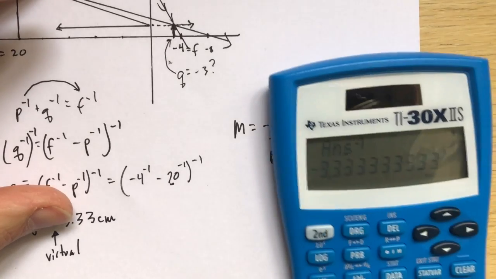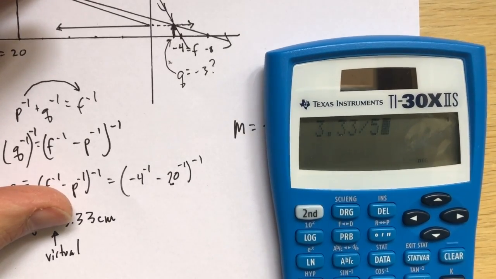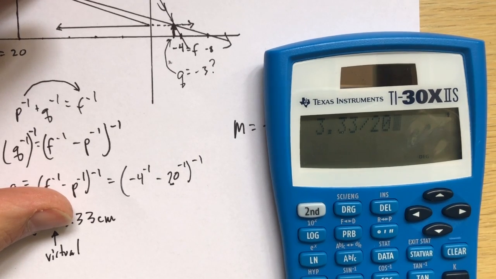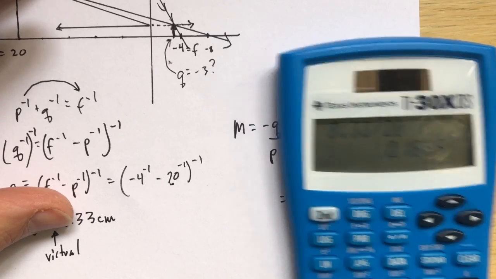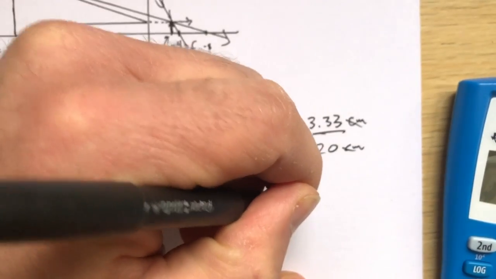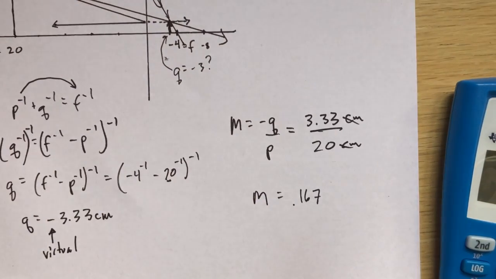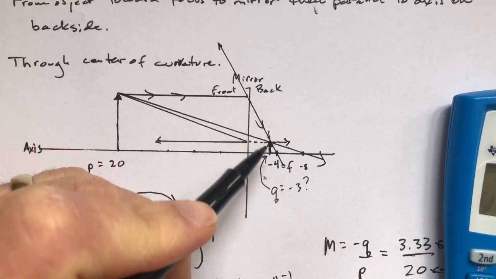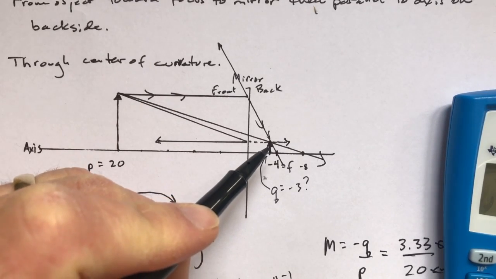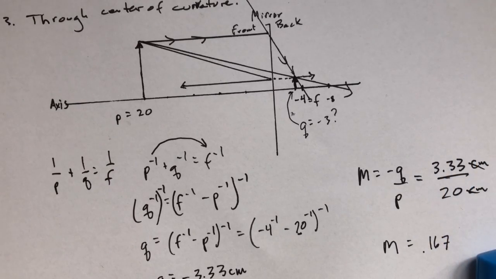So 3.33 divided by 20 equals 0.166, let's say 0.167 for the magnification, which is 1/6, which means that this little guy here, that image, is 1/6 the size of that. Okay, that's how you do convex mirrors.